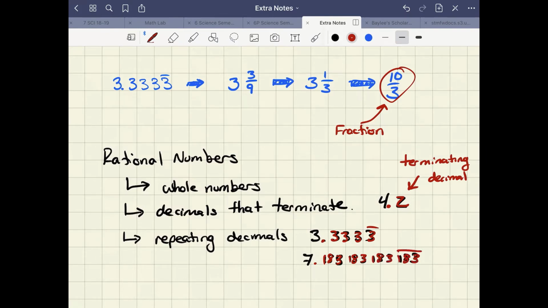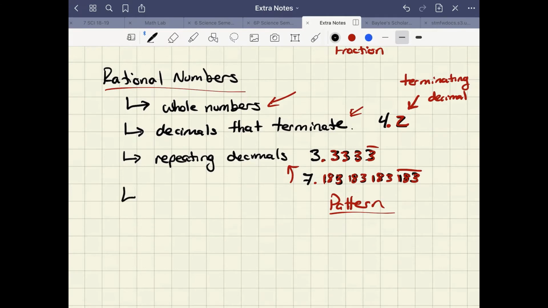If there is a pattern, then it is a rational number. Okay? So that's the important part about this. Rational numbers are those values that are whole numbers, decimals that terminate, repeating decimals, and things like integers.